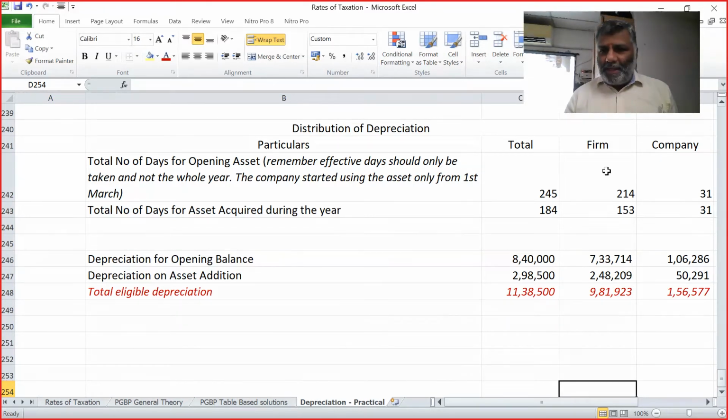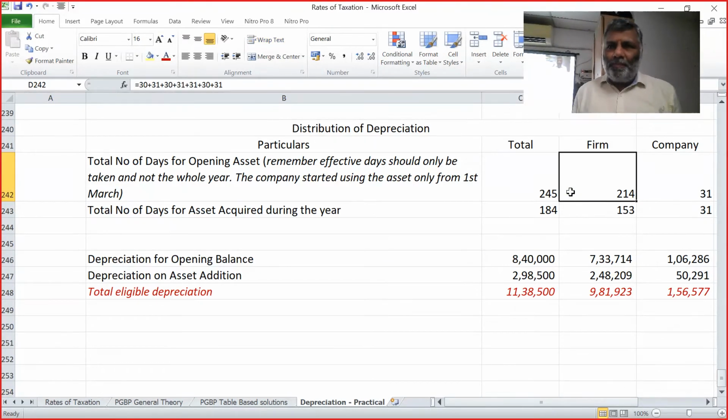The firm is in existence for 30 April plus May plus June plus July plus August plus September plus October. The company's effective usage period is just 31.